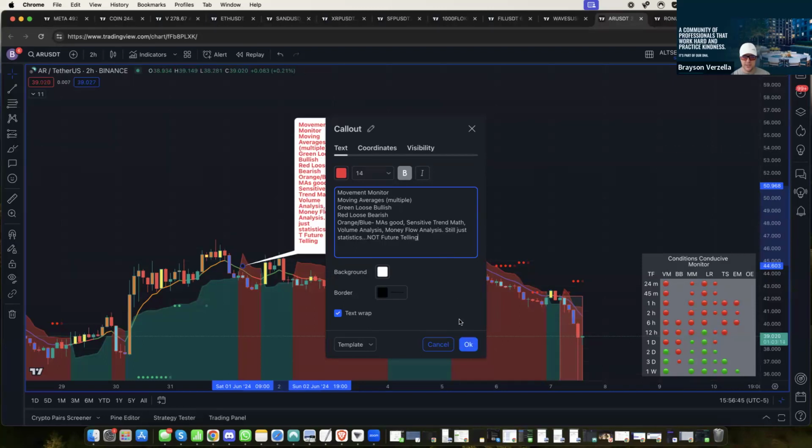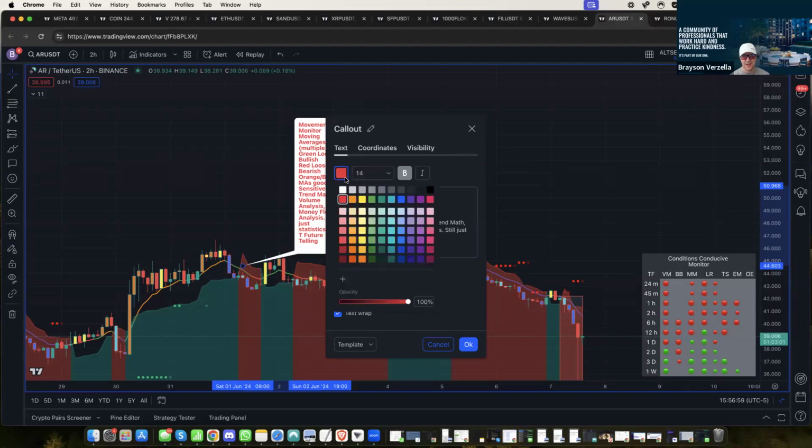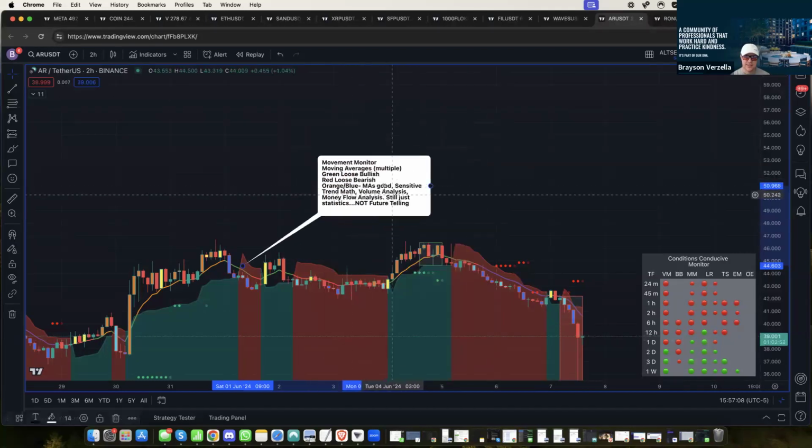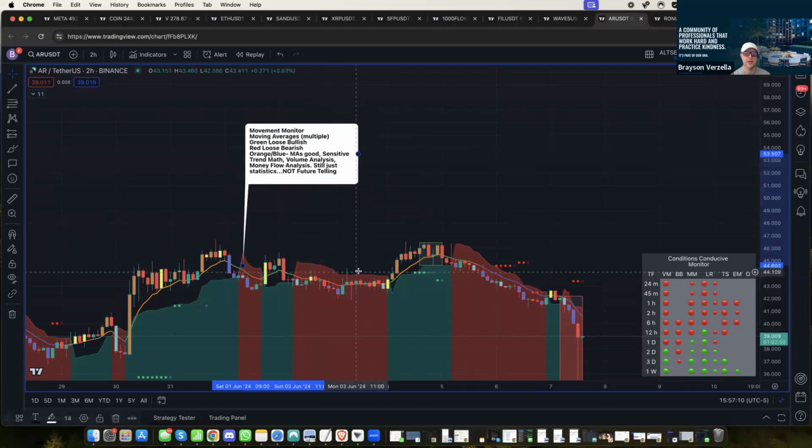I think a lot of people can get confused with that, like, oh, it tells the future. No, it doesn't do that, but it gives you enough statistics to where a lot of times if you bet on this data, you end up being right. That's more so what we're seeking to do. And that, in the simplest way to explain it, which is not that simple, is how we get orange or how we get blue.